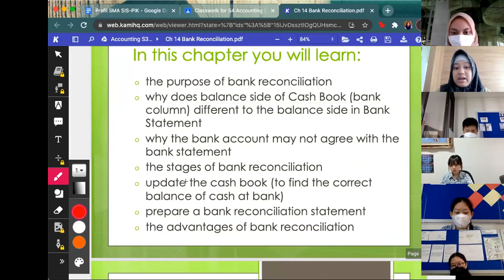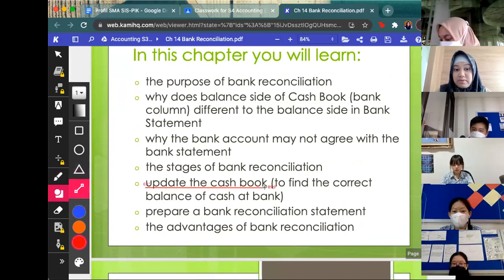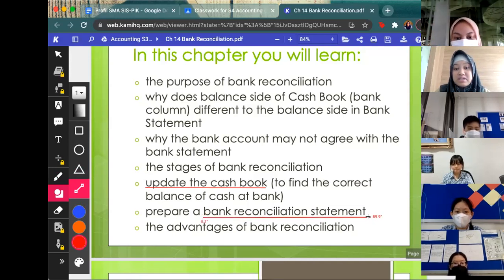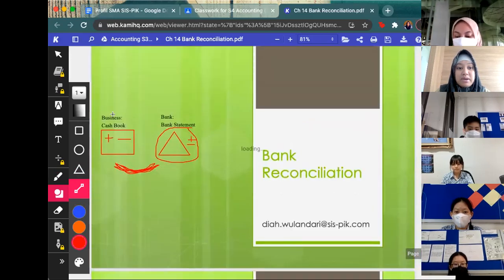When we make a correction to the cash book on the business side, we call it the updated cash book. Meanwhile, when we make corrections to the bank statement, we call it a bank reconciliation statement. Once again, we have to make corrections on this side as well as this side.